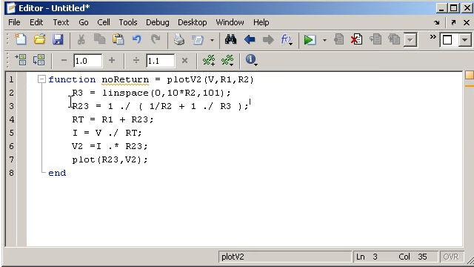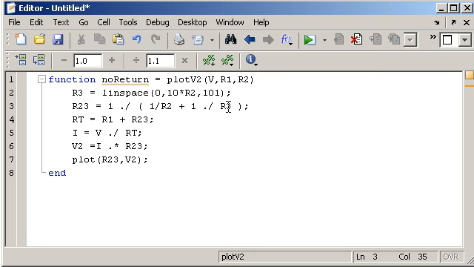Let's see if we can predict a little bit what this is going to look like. If R3 is 0, then this is infinity, plus that gives infinity, divided into 1 gives 0, so R23 will be 0, and so the voltage across, then it's acting like a straight piece of wire, so the voltage would be 0. So it should start out at 0, and then see if we can figure out what goes on here.